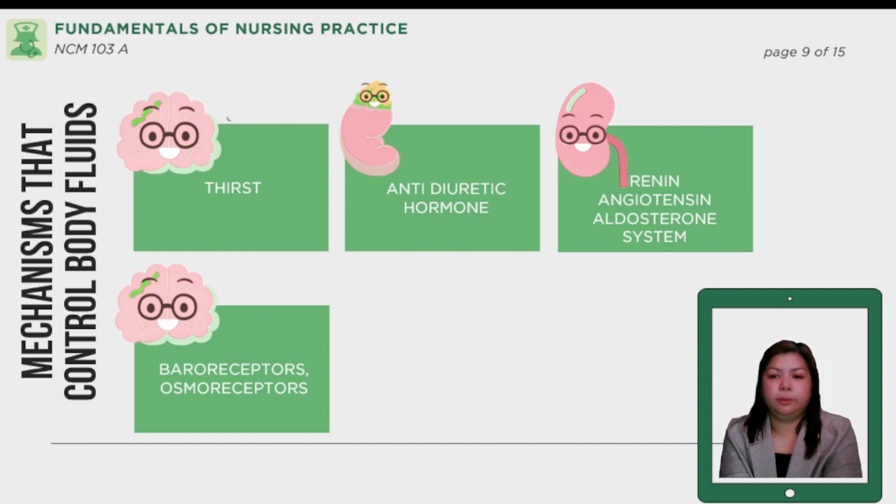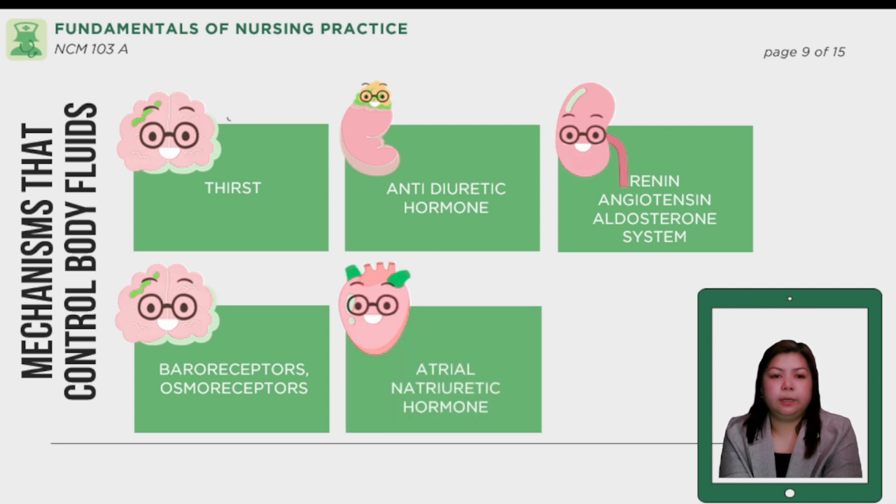And of course, you have your atrial natriuretic hormone, or ANH. ANH is a hormone released by the atria of the heart in response to increased blood volume and pressure. It acts to reduce blood volume and pressure by promoting sodium and water excretion in the kidneys, inhibiting the release of renin and aldosterone, causing the inverse of their effect, vasodilation of your blood vessels.